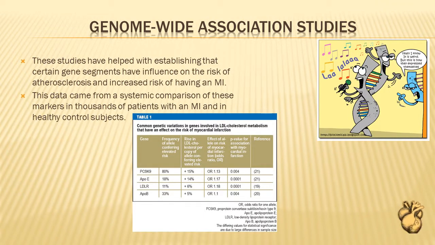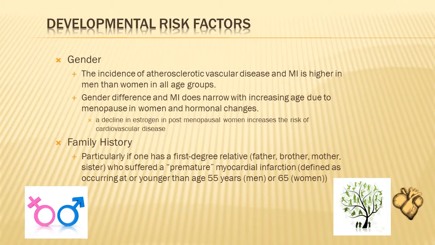Here it shows genetic variations in the genes for LDL cholesterol. As you can see, the PCSK is 80%, which means you'd have an 80% elevated risk. And our genes are our genes, and that's what my little cartoon's about. They're expressing themselves, and we just have to protect ourselves from our genes sometimes. So that might require a little bit of change in lifestyle.